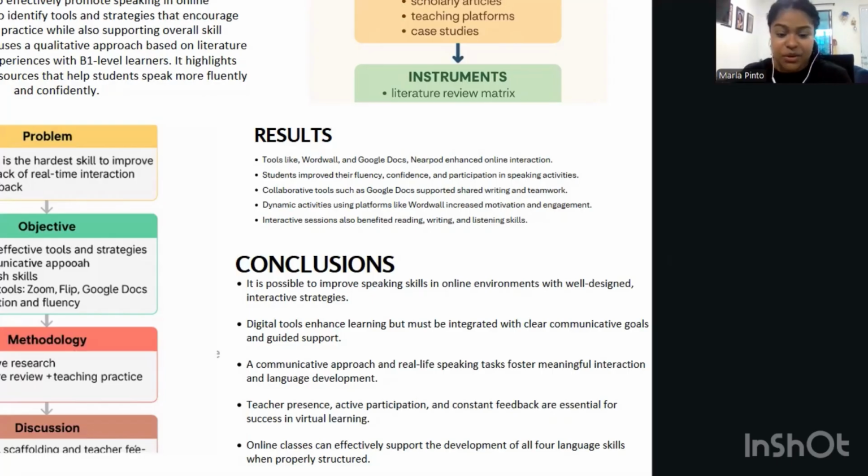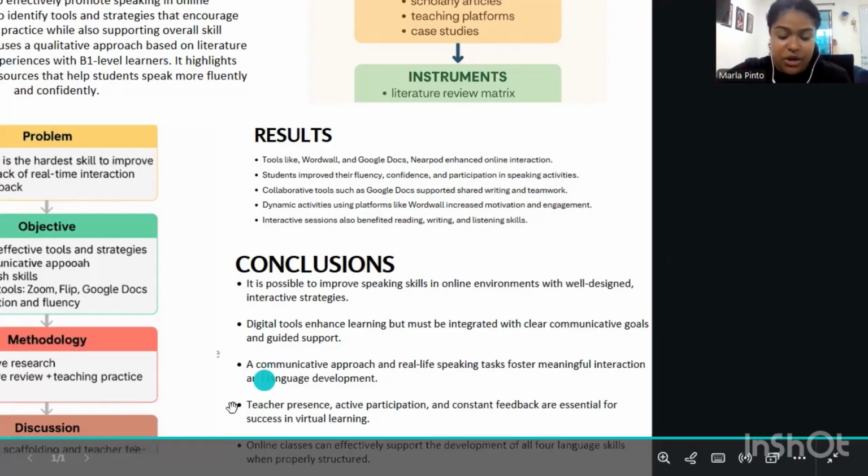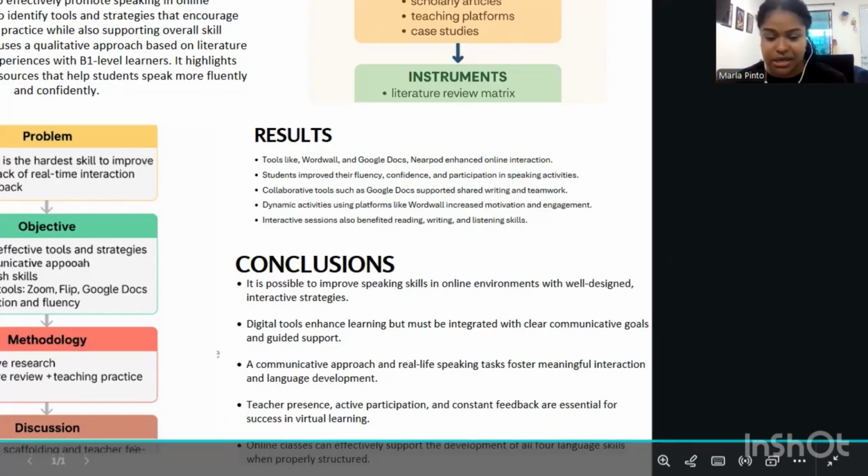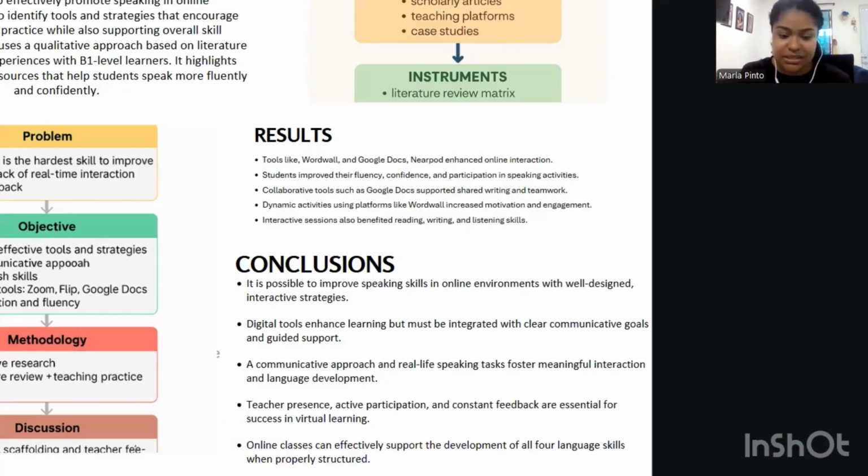Right, here is teacher presence, which is exactly what I was talking about before. Number four, teaching presence, active participation, and constant feedback are essential for success in virtual learning. It's so important that you as a teacher give feedback all the time, but remember also how you are going to give that feedback.